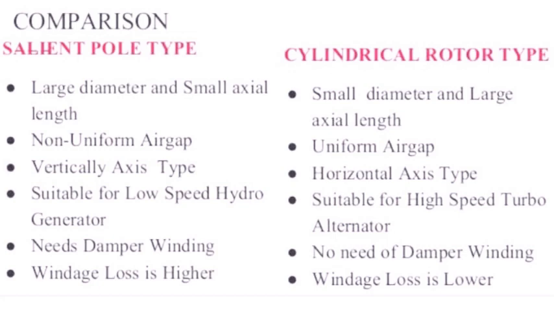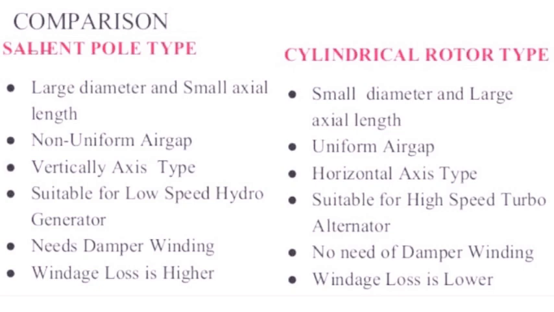And in the salient pole type synchronous machine we need damper winding to provide mechanical stability, but in the cylindrical type motor we do not require any type of damper winding.